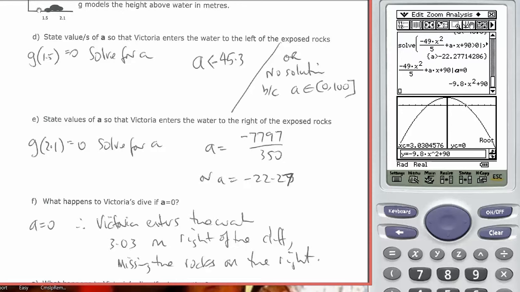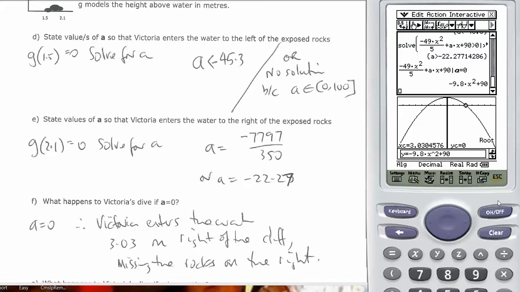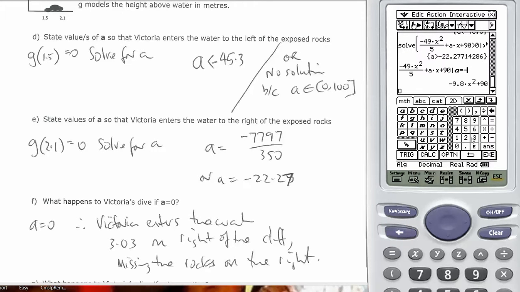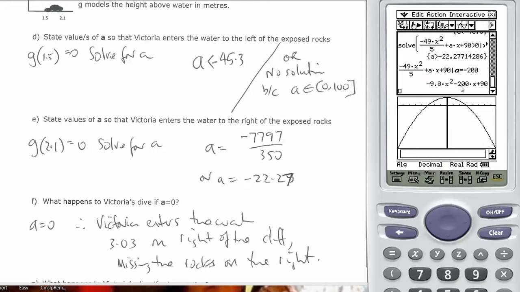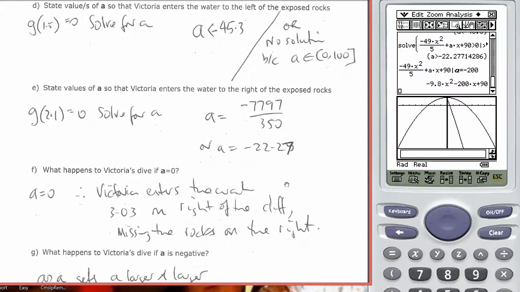As a becomes a really small number, for example, as a becomes negative 20, negative 200, then she's going to be entering closer and closer to the base of the cliff.